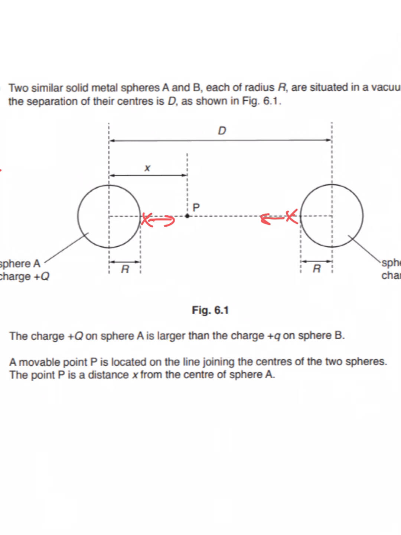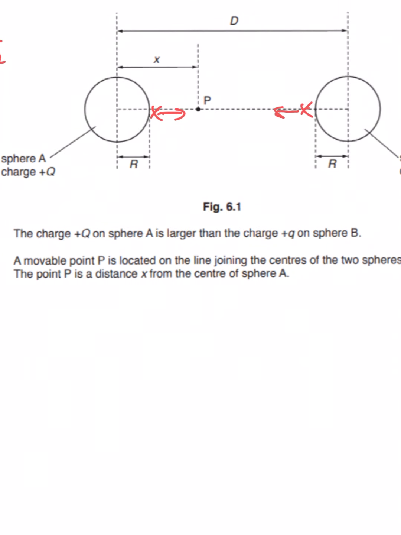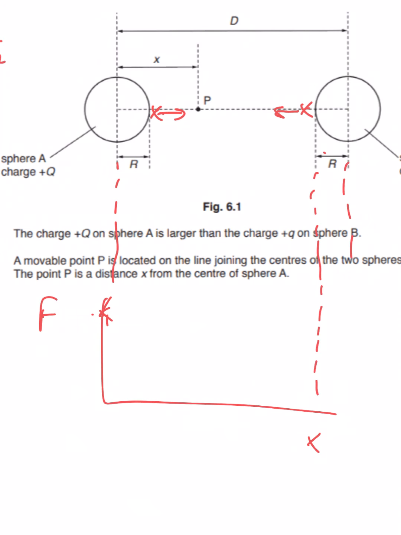Now, what that should also tell you is that if I was to think of it in terms of a graph, a graph of force against distance x, then what I would see is a large force when I'm at the surface of sphere A, and that force will reduce, and then it will actually change direction as I go towards sphere B. Now, I don't think the gradient of that is actually right.